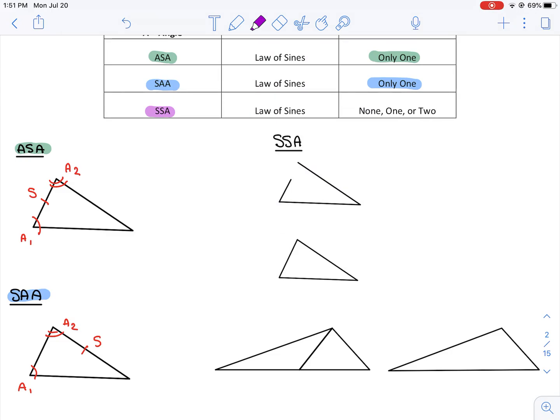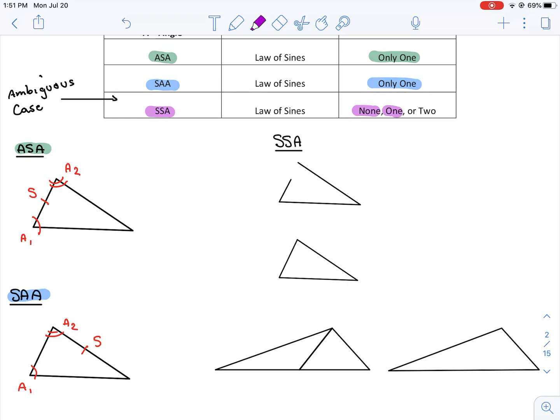Finally, we have side, side, angle, and we're going to call that the ambiguous case. Because if the problem provides a side, and then an angle, it is possible that the problem provides information and no triangle exists for that information.